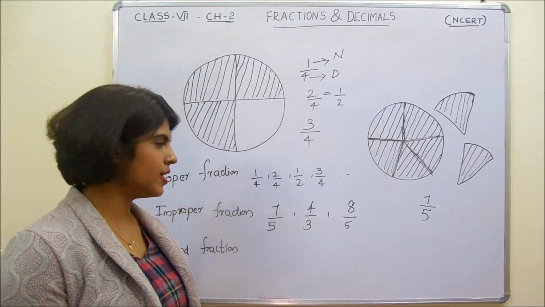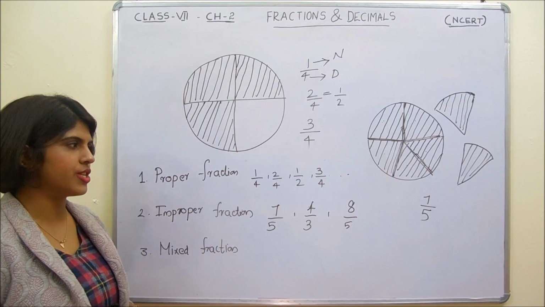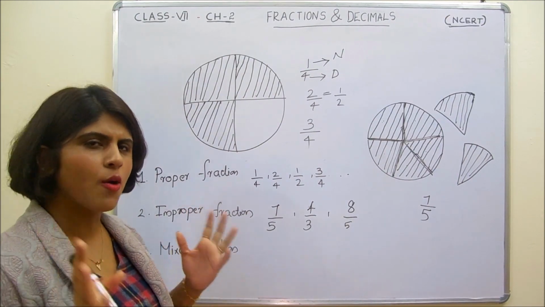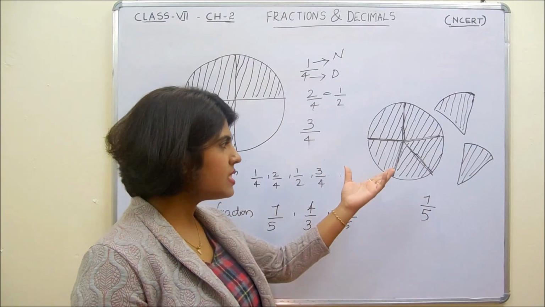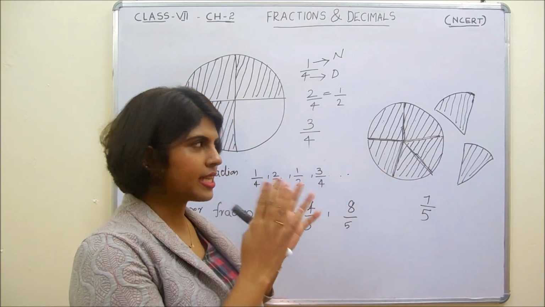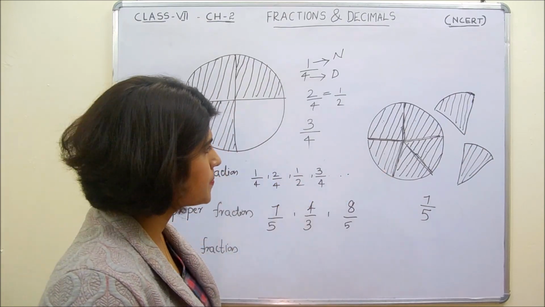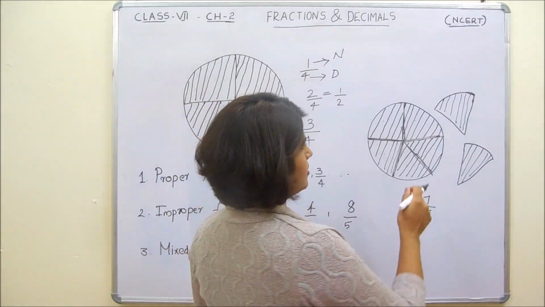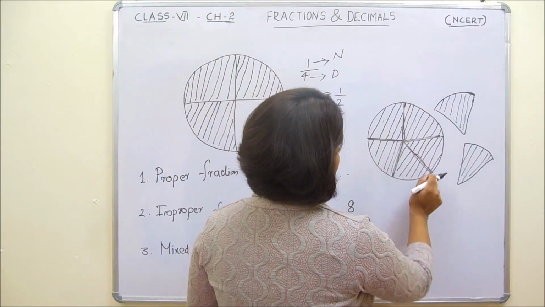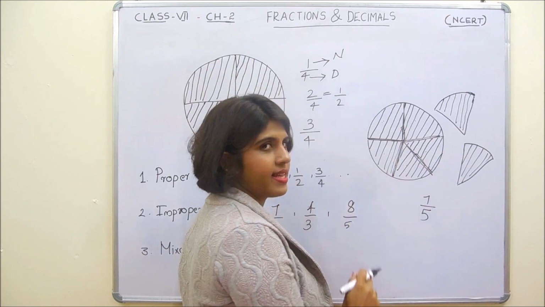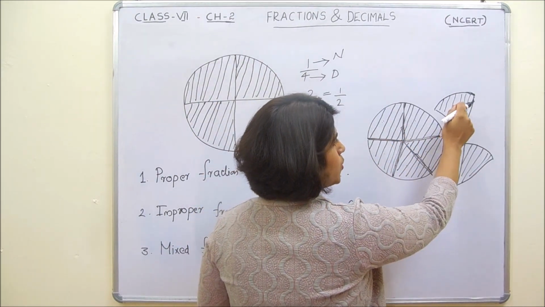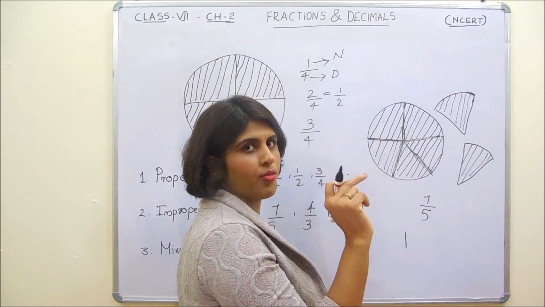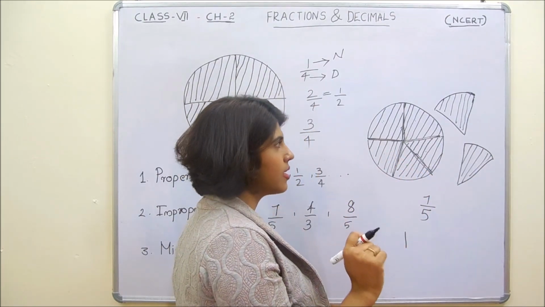Okay, next, the third one is mixed fraction. Mixed fraction is somewhat the same as improper fraction. From the same figure we can express the mixed fraction. Here we can represent the mixed fraction as one whole pizza and 2 parts out of 5 equal pieces, right?